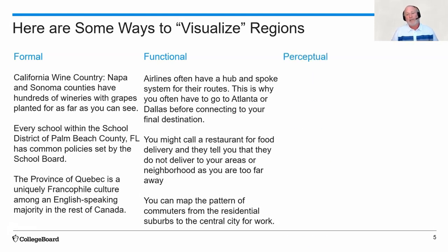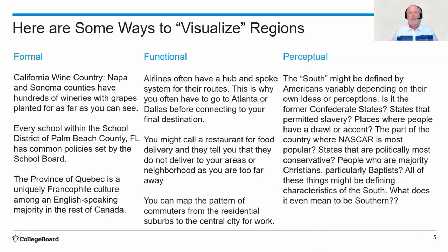And then we think about perceptual regions, the last of the three. And I gave you one example here as the South. And you could do this with a lot of different regions in the United States, the Midwest, and those kinds of places where the boundaries there are not so perfectly defined. Because what characteristics are we going to use to label the South? There could be a bunch. People watch NASCAR races.